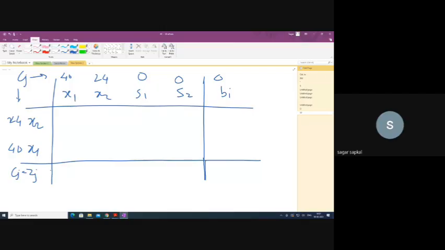By making the calculations, this will only change. Other things will remain as it is as that of the previous table which we got after removing the artificial variables from the base. So this will be, of course, 0, 1, 1, 0. And here it will be 0, 0.